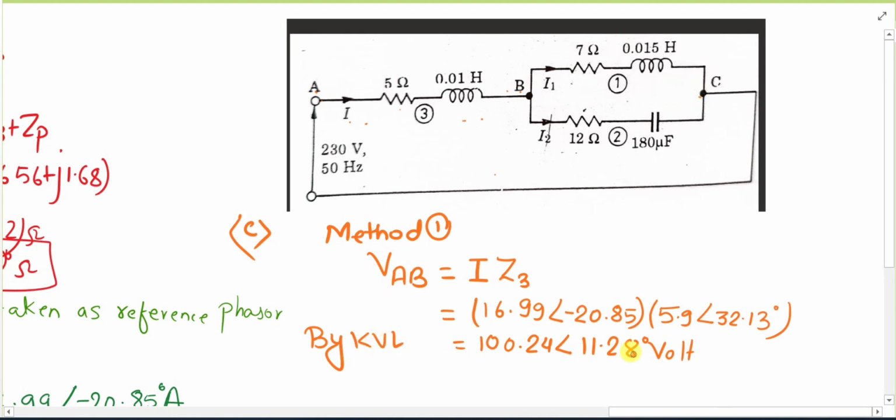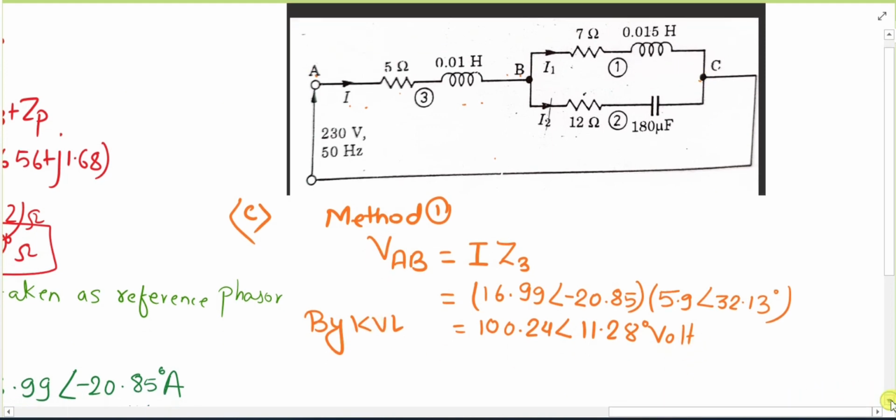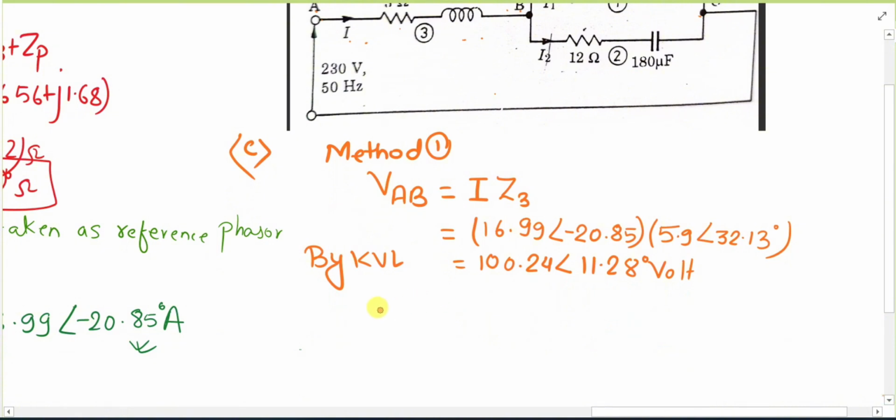So if V is the total voltage, then V equals VAB plus VBC. You know the values of V and VAB, so you can identify VBC, which will be V minus VAB.